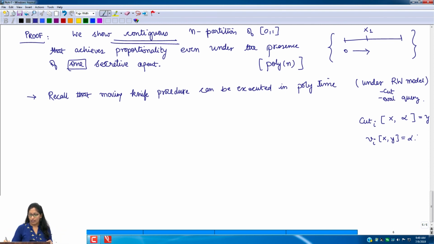This was the cut query. And similarly, the eval query was just to evaluate what your valuation is for the given piece, let's say xy.